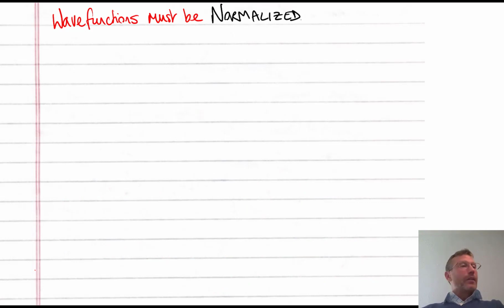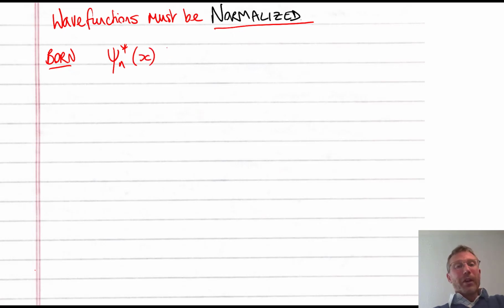So, wave functions must be normalized. Max Born puts forward this idea that psi n star, so that's the complex conjugate, multiplied by psi n.